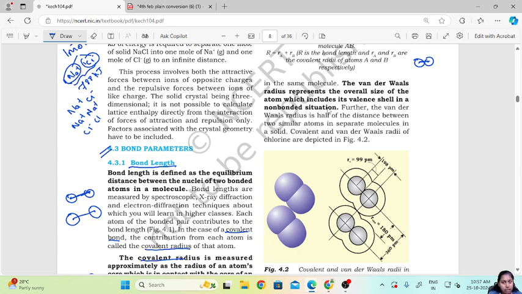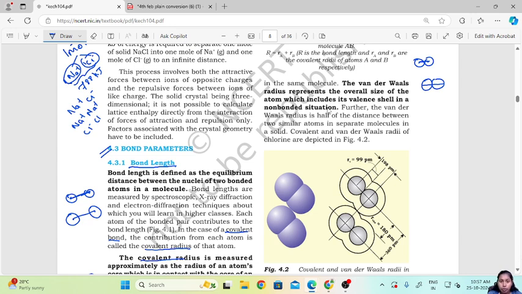Now van der Waals radius represents the overall size. Overall size means from end to end. Overall size of the atom, which includes its valence shell in a non-bonded situation. Now the van der Waals radius is half of the distance between two similar atoms in separate molecules in a solid.